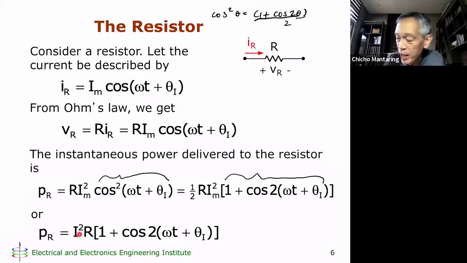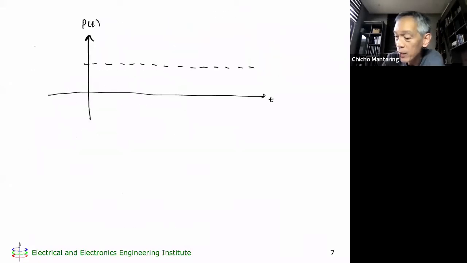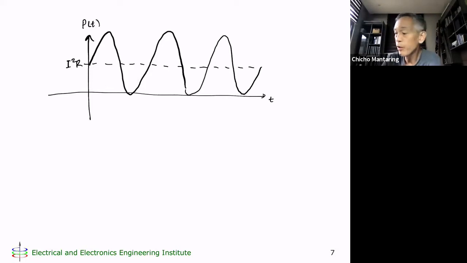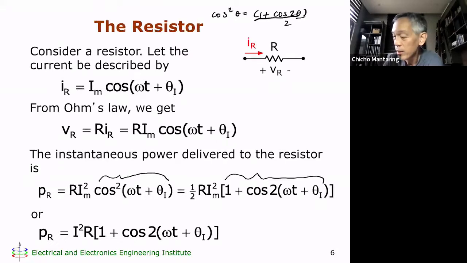The average value is equal to I squared R. And then my power will look like this, where the frequency is equal to 2 omega. The frequency will be equal to 2 omega.